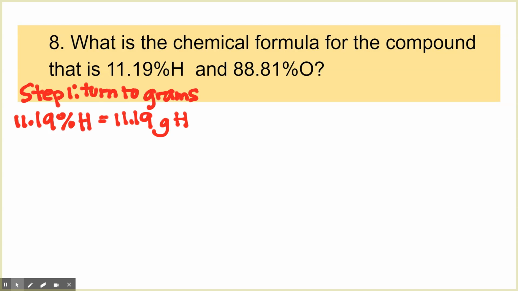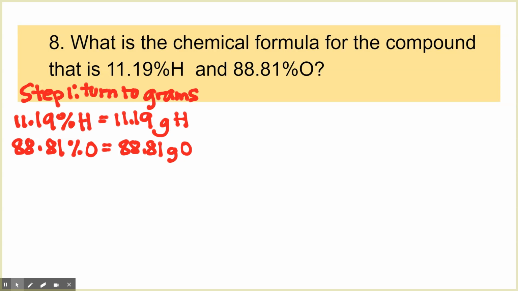It's the same thing. 88.81% O becomes 88.81 grams of O. So again, first step, just drop the percent sign and turn it to grams.